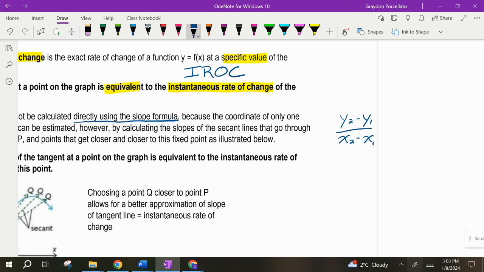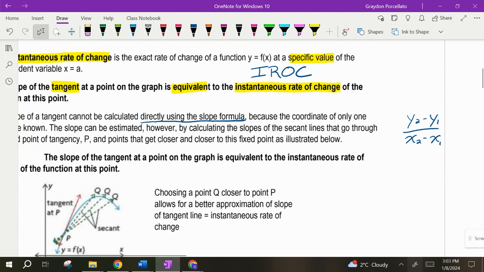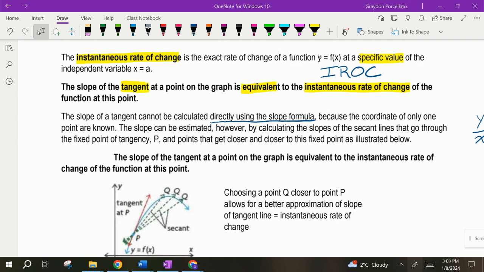We need two coordinates to use that formula. Because a tangent line passes through the graph at only 1 point, we only have 1 point to work with. So we can't directly use our slope formula. The slope, however, can be estimated. Okay, and I'm going to show you how to estimate that.